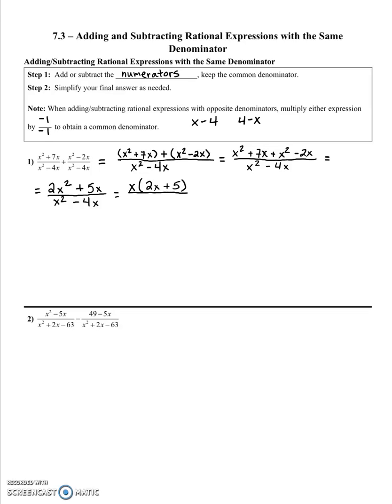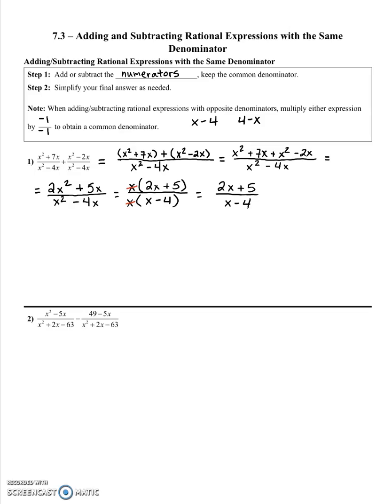In the denominator, we can also factor out an x, which leaves us with an x minus 4. Now, the x's cancel each other out, and that leaves us with 2x plus 5 over x minus 4.